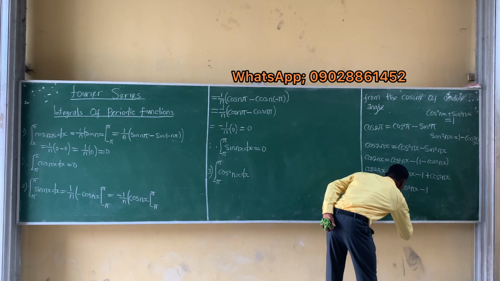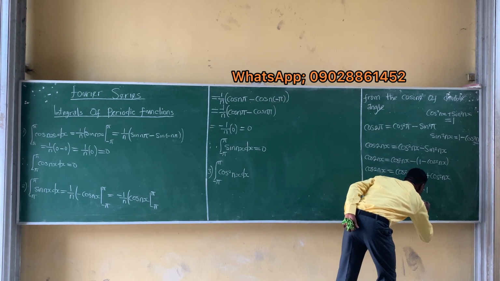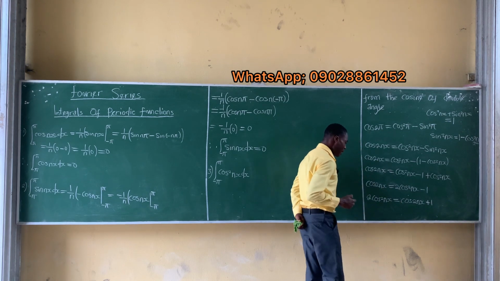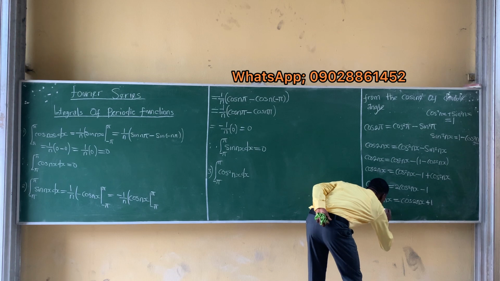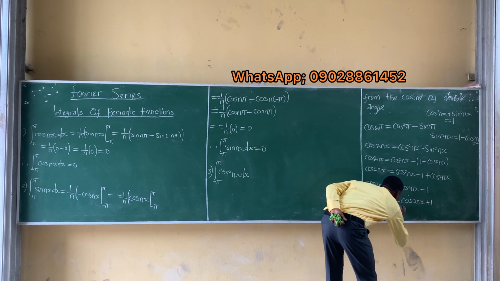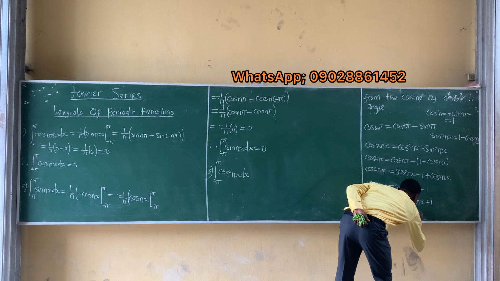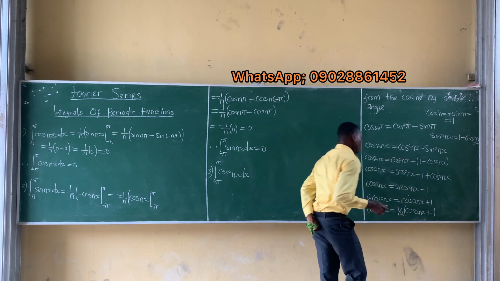We have this is equal to cos 2nx plus 1. So if you divide both sides by 2, you have cos square nx is equal to 1 over 2 into cos 2nx plus 1. So this is what we have.